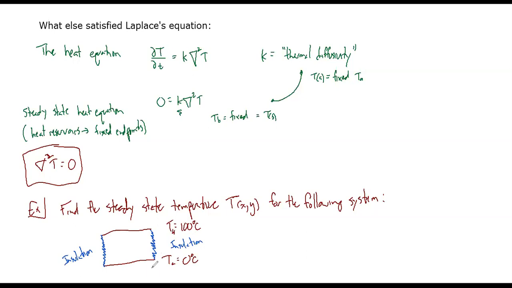So really what this comes down to is, in the case of this temperature problem, what do I identify as the thing that becomes either the real or the imaginary part of the complex potential?